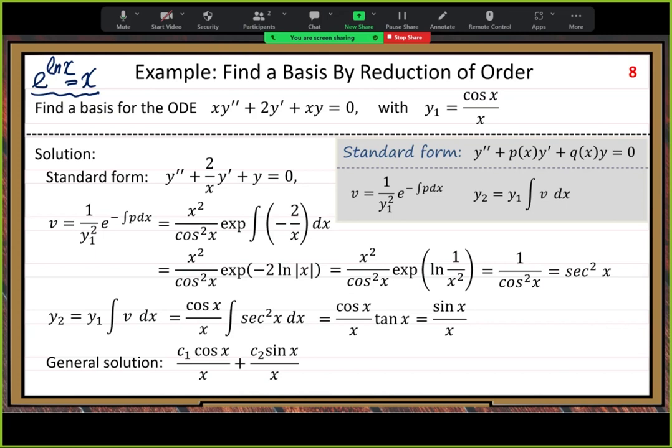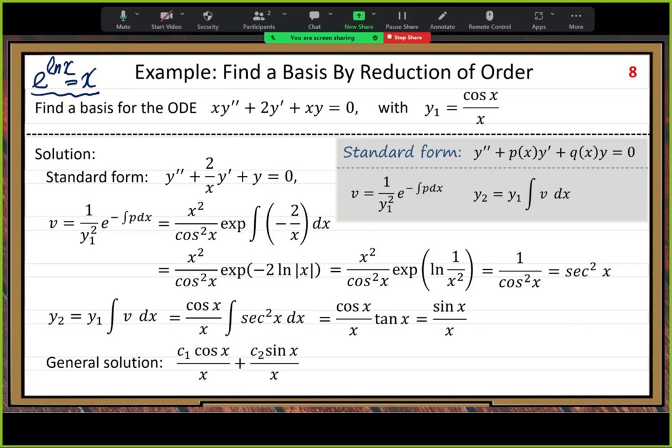After we have the general solution, if we are given initial conditions, we need 2 initial conditions, right? y of x0 and y prime of x0. If we are given 2 initial conditions, we can find the C1, C2 values.